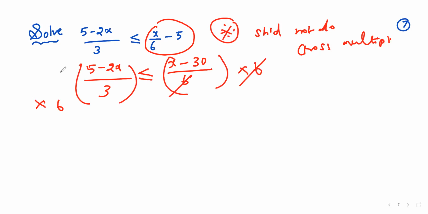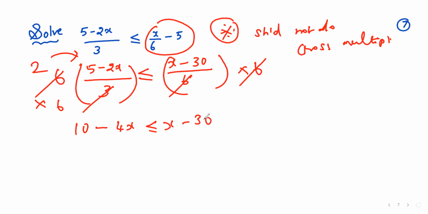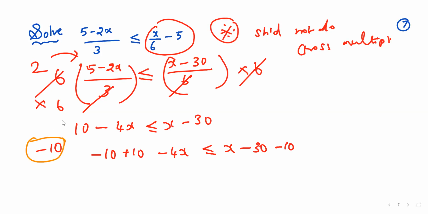So 6 cancels, and this 6 will get 2. Just multiply inside: 2 into 5, 10. 10 minus 4x is less than or equal to x minus 30. Both sides minus 10. So 10 minus 4x minus 10 is less than or equal to x minus 30 minus 10.